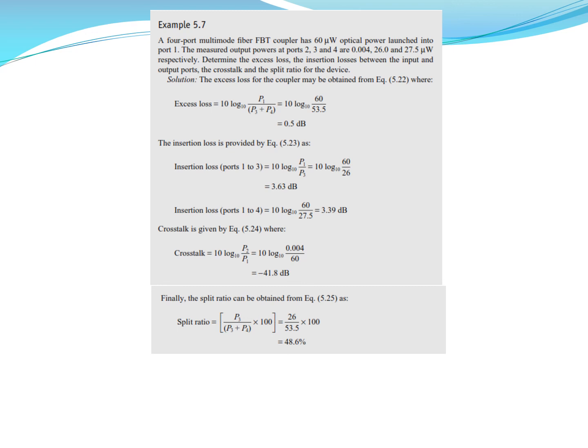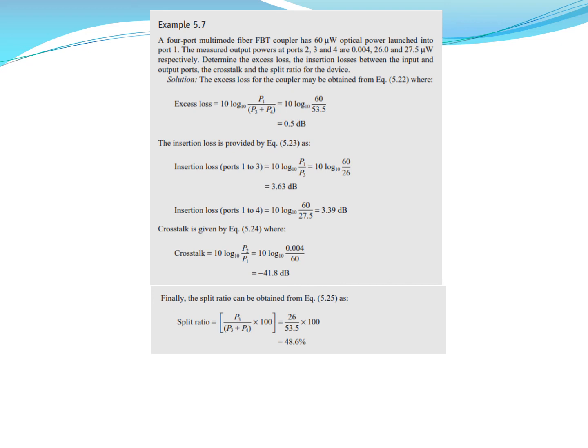I have to determine the excess loss, the insertion losses between the input and the output ports, crosstalk, and the split ratio for the device. So we have to find different losses which exist in this fiber coupler. First, we look into the excess loss, which is expressed as 10 log of P1 by P3 plus P4.